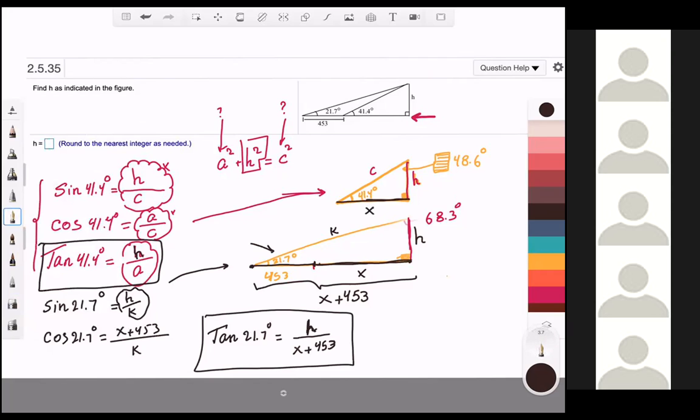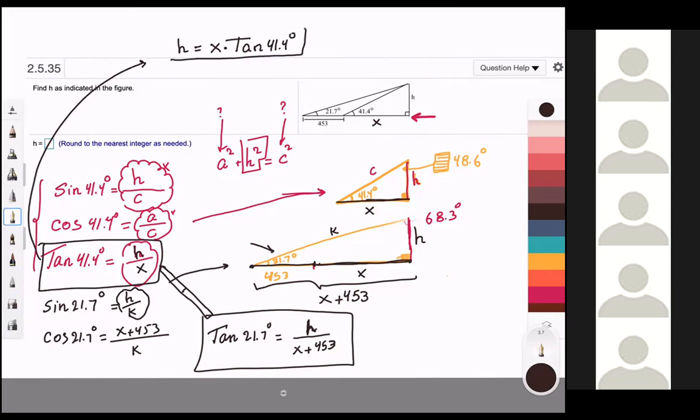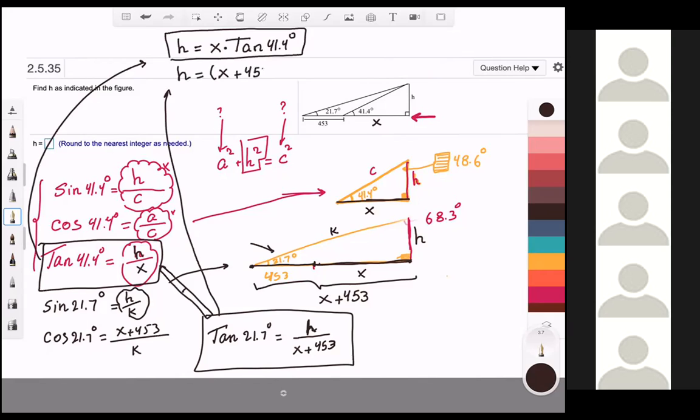Because if this is X or A, so instead of this A, I'm going to put X. These two blocks, they have something in common, H and X. If I solve for H, this one, H will be X multiplied by tangent of 41.4 degrees. On this one, H equal to X plus 453.